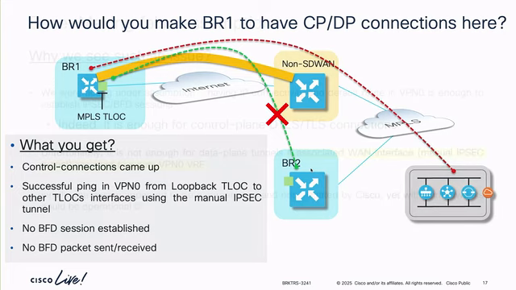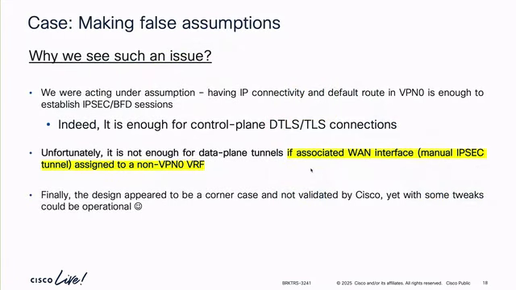Okay, let's explore that part. The reason is, it's not just connectivity we need to establish the data plane. We establish the data plane only from interfaces which reside in VPN 0. There is a specific check in the software.